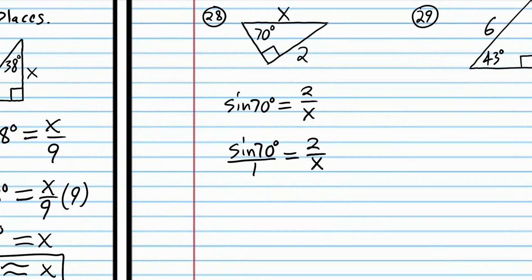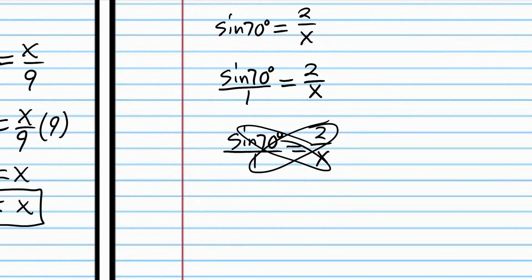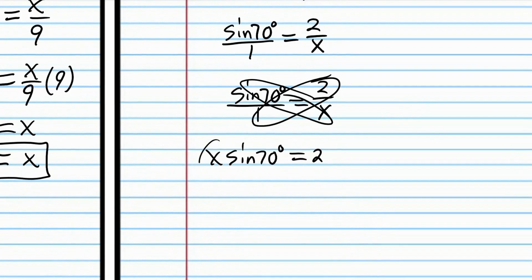So now we're going to cross multiply, if you remember the cross multiplication method used in my arithmetic course. So 2 times 1 is 2, and x times sine 70 is just x times sine 70 degrees. So now we need to get x by itself.